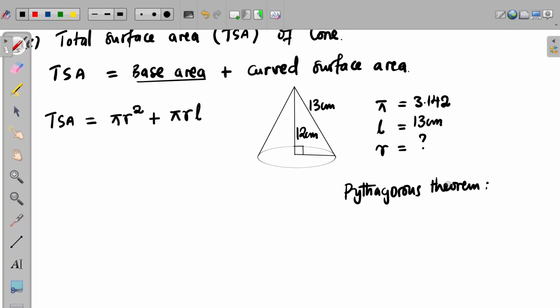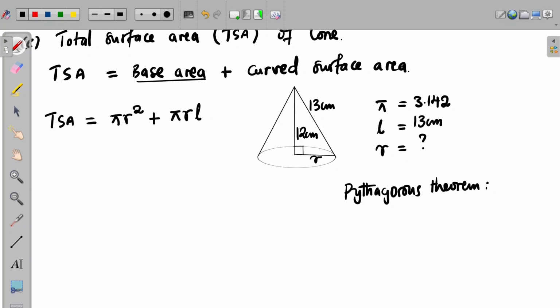Pythagoras theorem works with a right angled triangle. When you look at this, we have a right angled triangle where we have the longest side, the hypotenuse, then the height, which is the opposite, then the base, which is the radius, the adjacent.